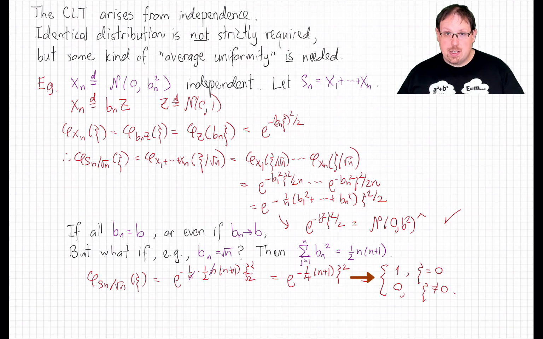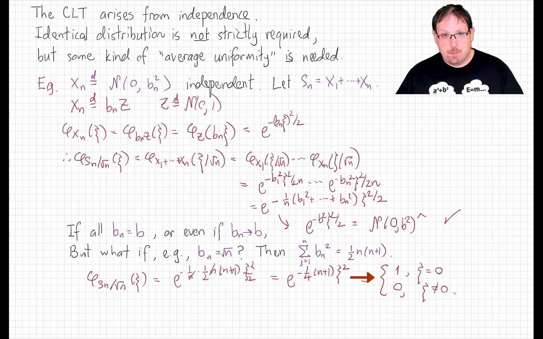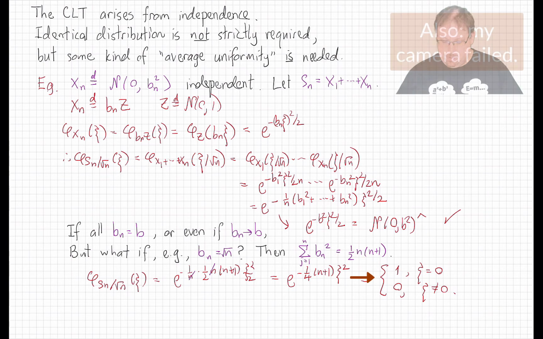And so here we see a concrete example of a sequence of characteristic functions that converge to some function which is not continuous at 0, and therefore is outside the realm of the continuity theorem. This sequence of random variables, xn, does not converge weakly to anything. And in particular, the central limit theorem, of course, fails.